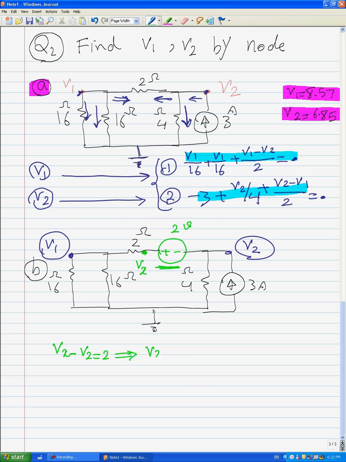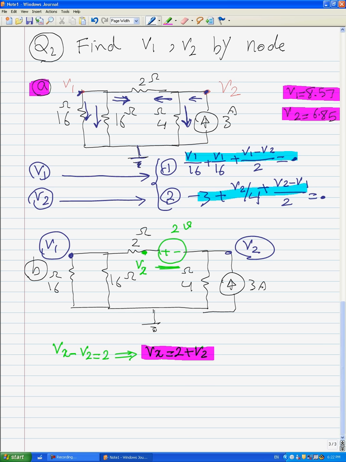That's why Vx is equal to 2 plus V2. This is the equation for the supernode, which we need in applying for node 1 and node 2.